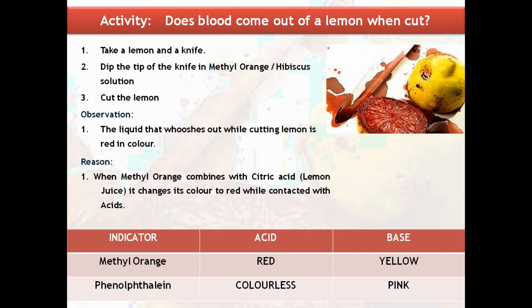And now by using this knife, cut the lemon. The liquid that oozes out while cutting the lemon is red in color. When methyl orange combines with citric acid that is present in the lemon juice, it changes its color to red.